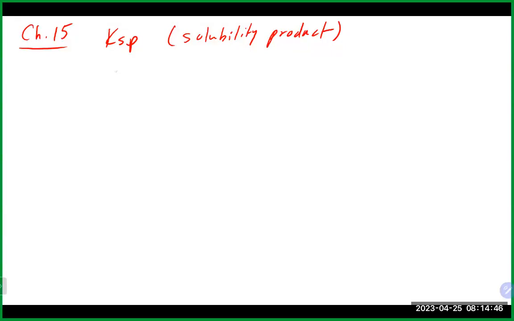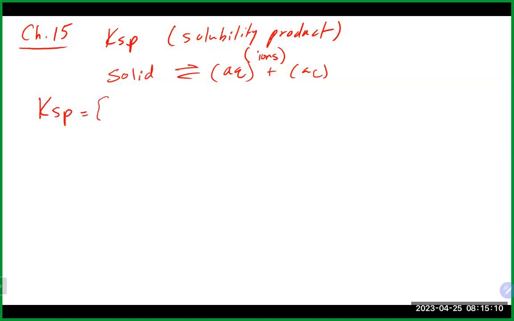We always have solids on the reactant side, and they always go to aqueous ions on the product side. So when we write the KSP expression, it is usually just the product side, as the reactant side is usually our solid.